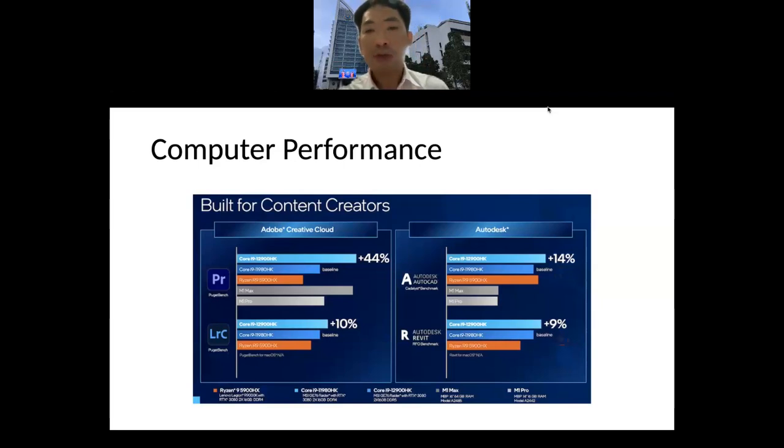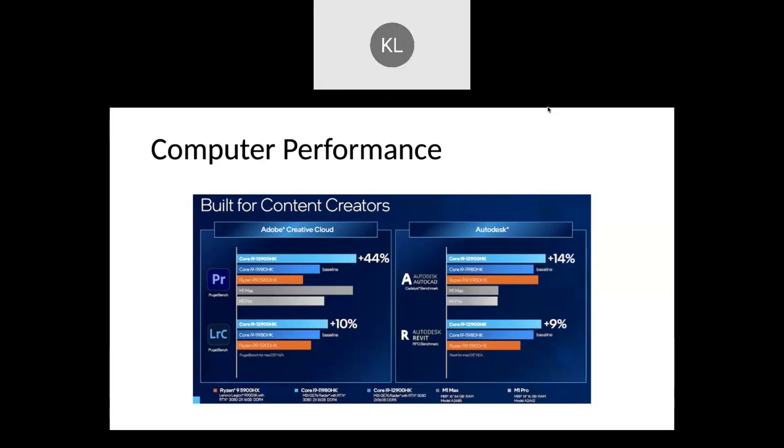In this slide, what can you notice from the picture here in terms of computer performance? Like the processor from Intel Core i9, it's quite a lot faster than other processors.